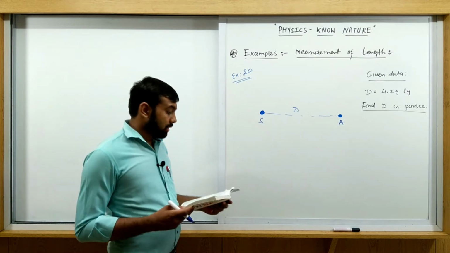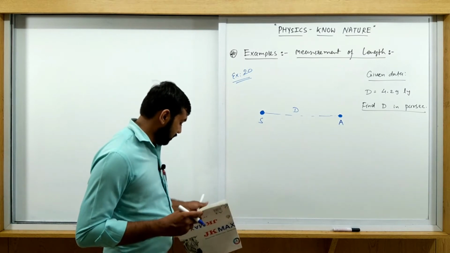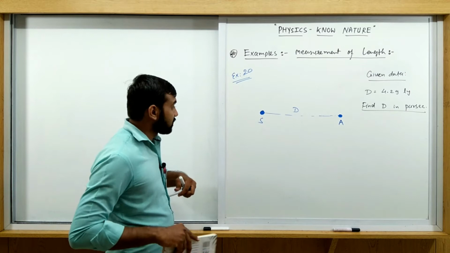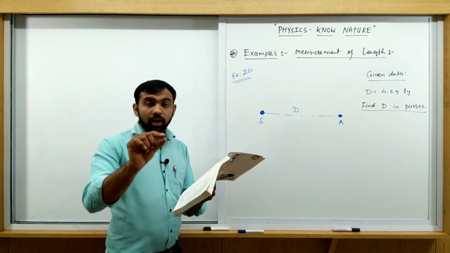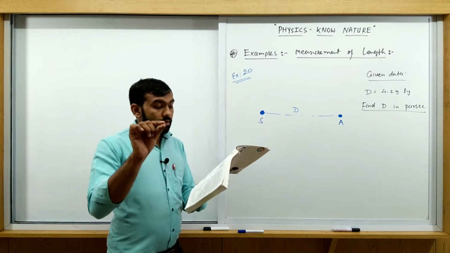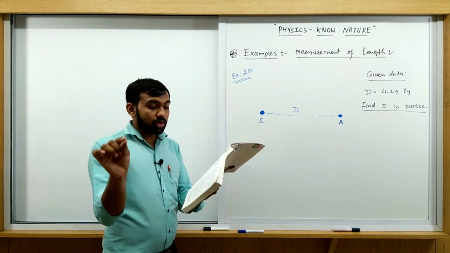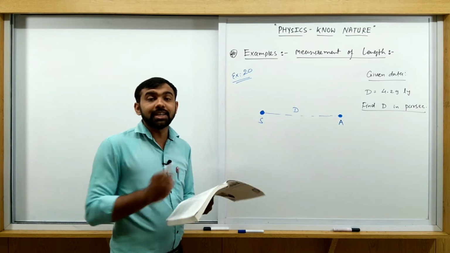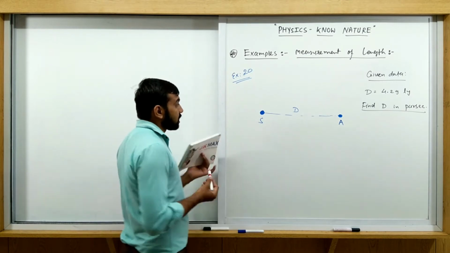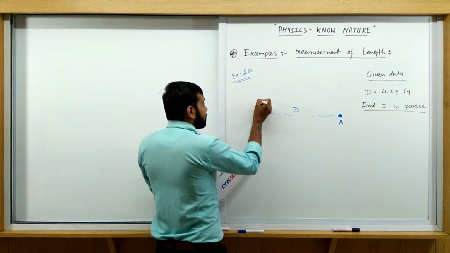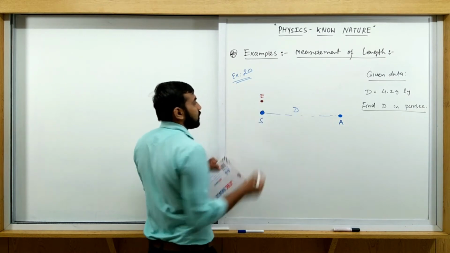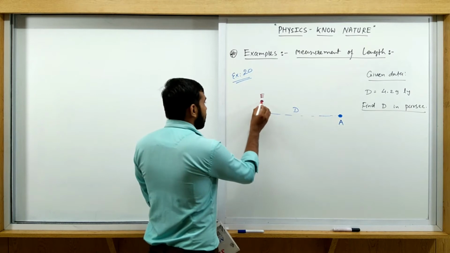This is quite important. Let us understand this problem first. Actually, what is the meaning of this statement? See, underline this: it's viewed from two locations of the Earth 6 months apart in its orbit. Consider the Earth revolves around the Sun. Suppose this is the Earth. Earth revolves around the Sun.